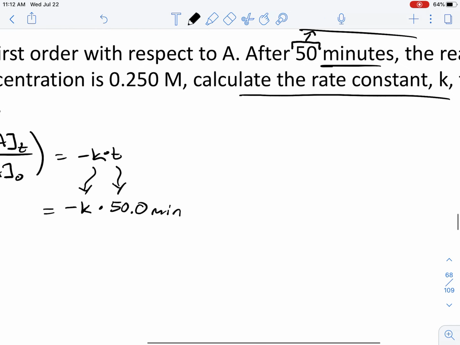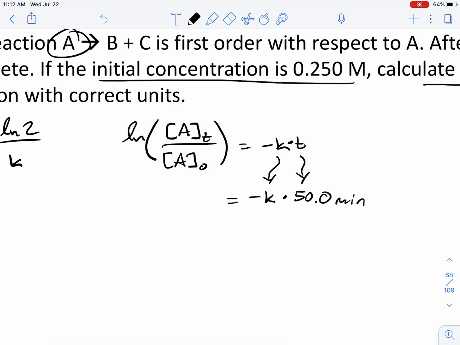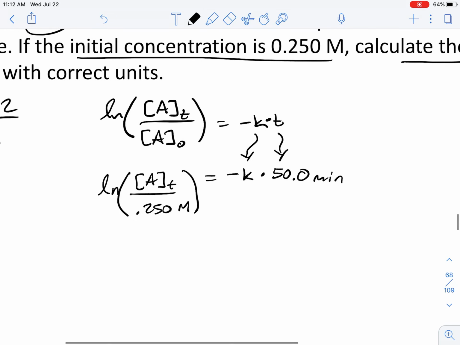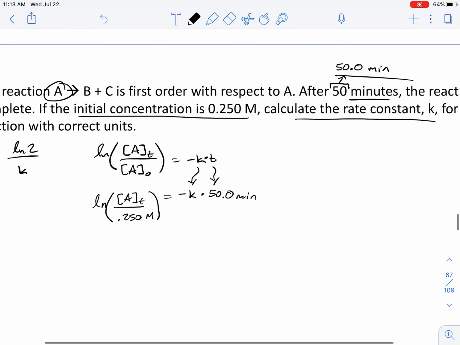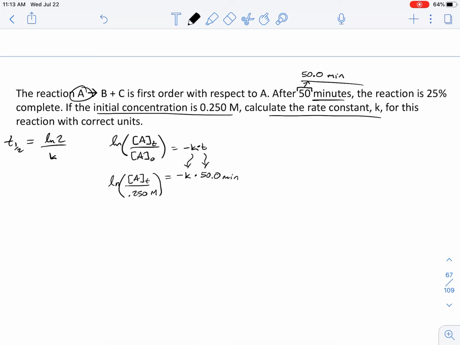It looks like we have an initial concentration of 0.250. So the natural log of this guy divided by 0.250 molar. After plugging in all the information that's given to us explicitly from the problem, this is what we get.